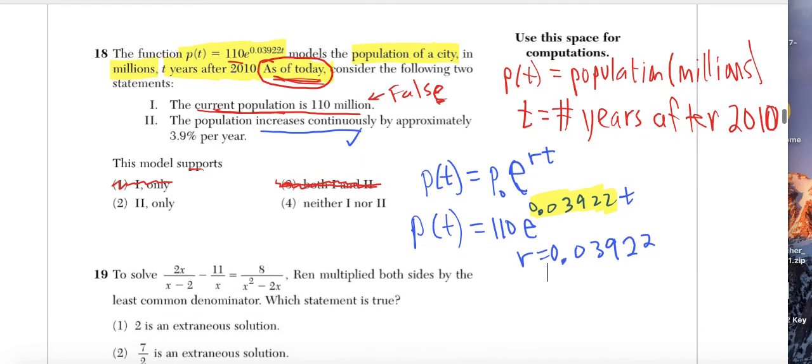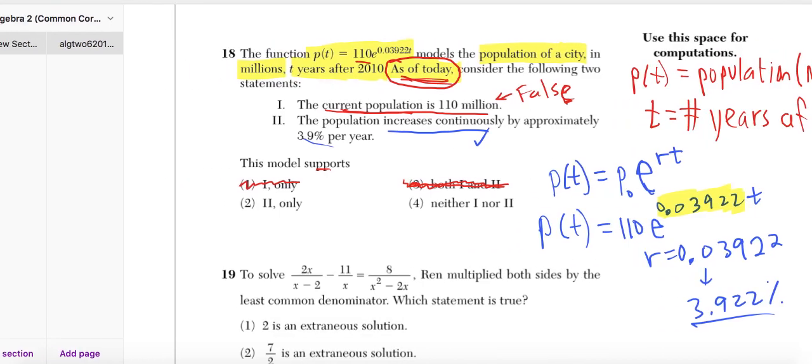If I multiply this by 100 to change it to a percent, it's 3.922%, which is 3.9% if we round it, right? So this is absolutely correct. The population increases continuously because of the e by approximately 3.9% per year. This is true. So our answer is choice 2, 2 only.